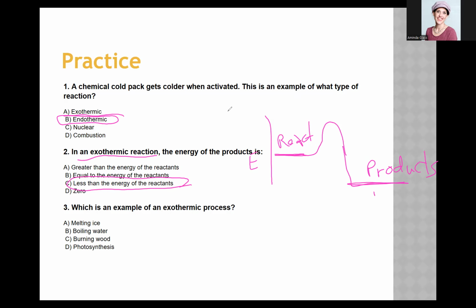For question 3, which is an example of an exothermic process? Exothermic is the release of heat, the release of energy. With melting ice, you're adding energy to break those bonds. Boiling water, you're adding energy.